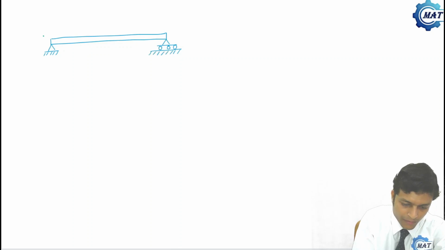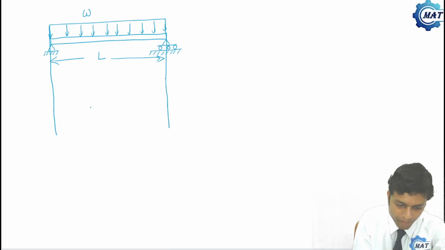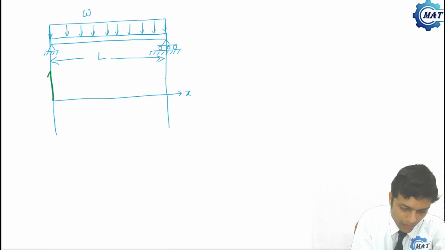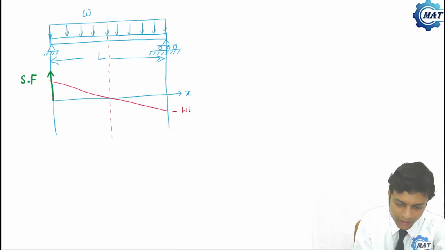This was the beam and the loading was w, length was L, and the shear force diagram was, so here minus wL by 2 and it was plus wL by 2.